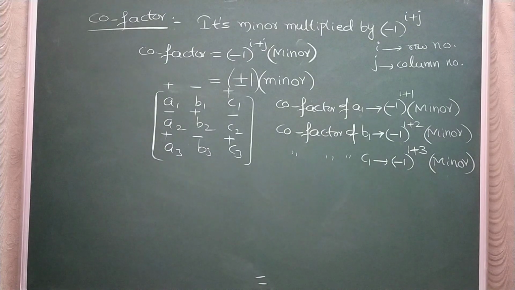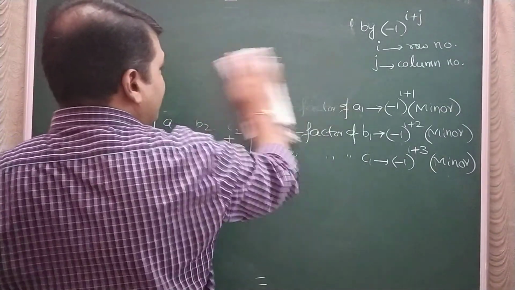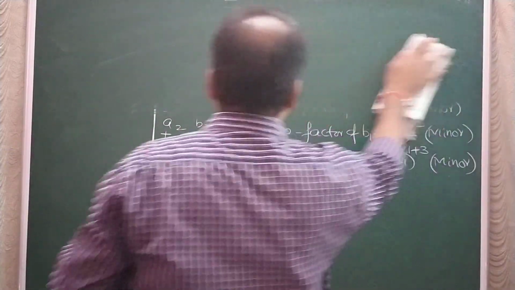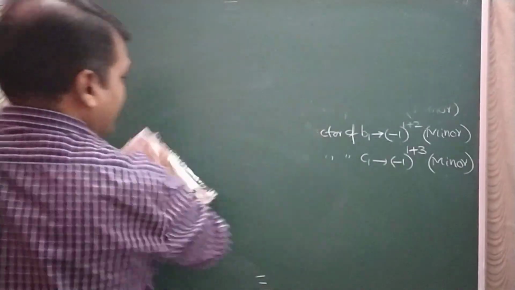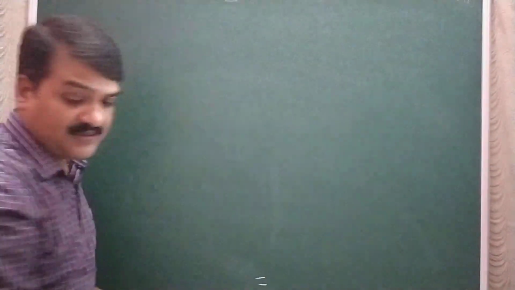cofactor of a matrix. Now we are going to discuss how to find the determinant of a 3 by 3 square matrix. Okay, determinants are obviously obtained for square matrices only.